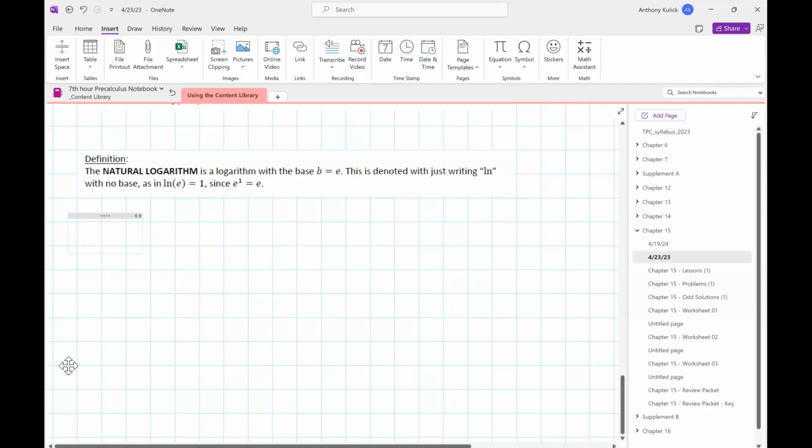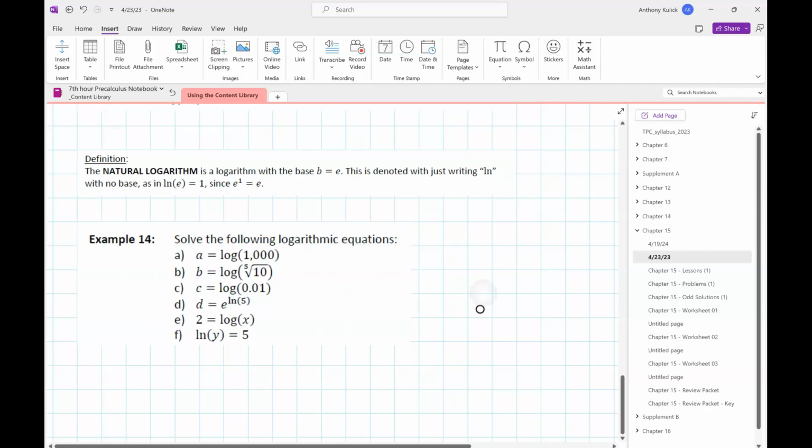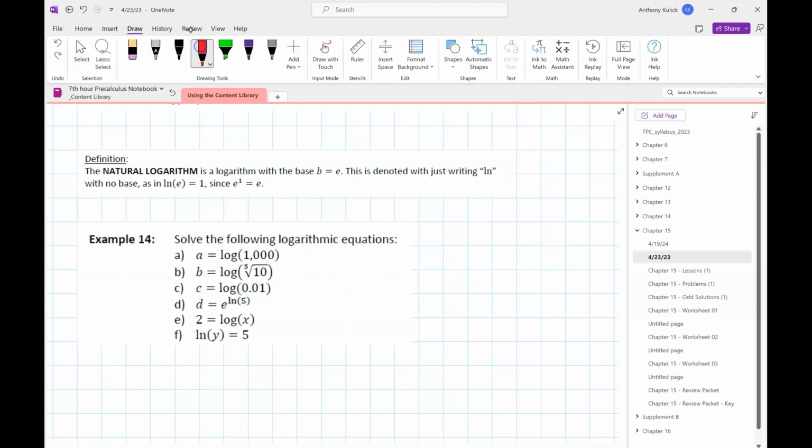So a couple of examples. We could do this exactly like we did the previous problems, but I'm going to try to do this in a different way to emphasize this idea of logarithms canceling exponent bases or exponent bases canceling logarithms. So the first problem is log of 1,000.